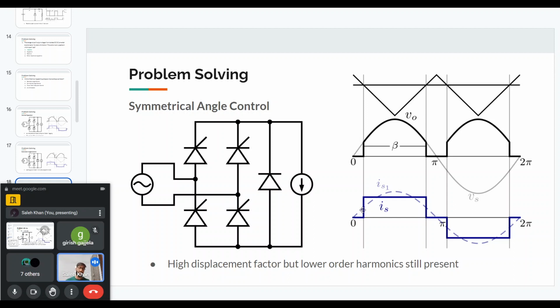It will have a direct dependence on the amplitude of the current, some I constant or I load, but it will have an inverse relation with the harmonic number. So as the harmonic number increases, the amplitude of the harmonic will reduce. So in this case, the lower order harmonics are higher compared to the higher order harmonics.